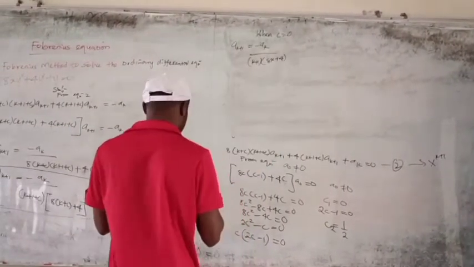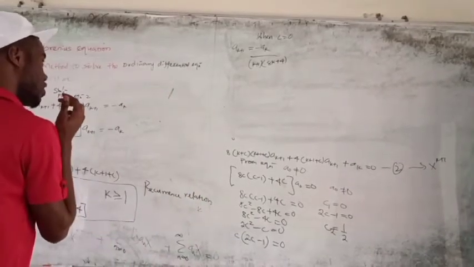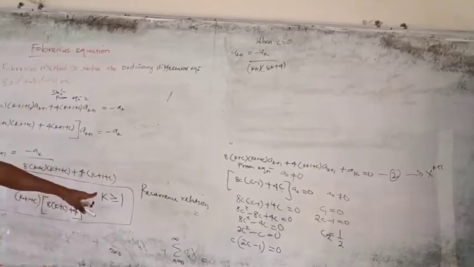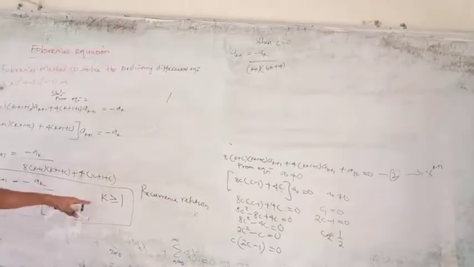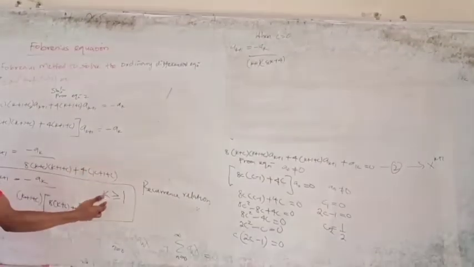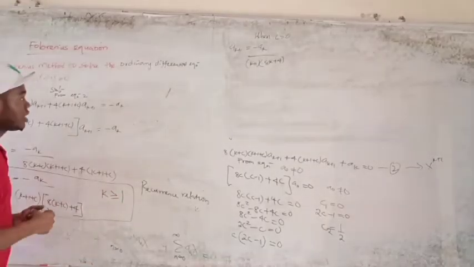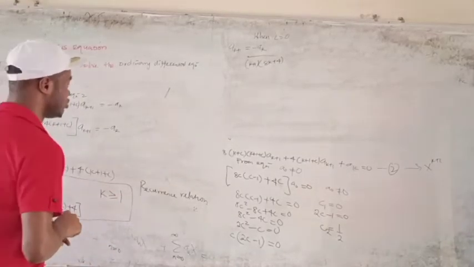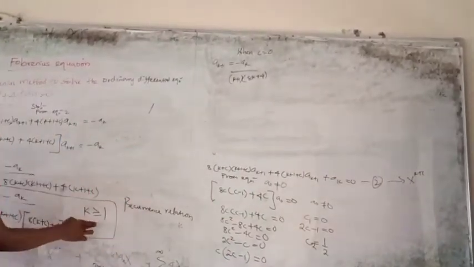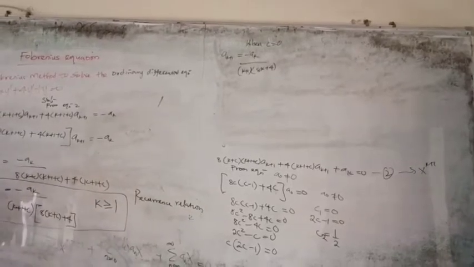So this is for my first c. Let's create a recurrence relation for this. Since I said my k should be greater than or equal to 1, let's substitute values of k starting from 1, from the recurrence equation.